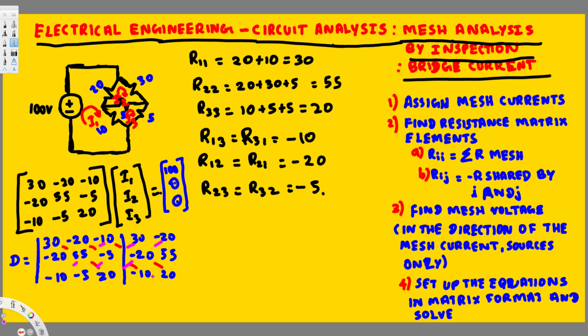After you add them, you have to subtract this one, whatever I put in red and this pink color. Red is just you multiply this diagonal, right?